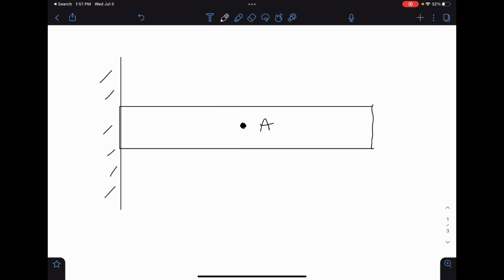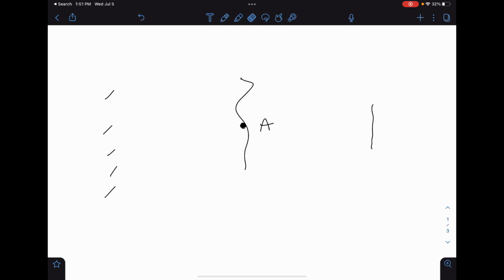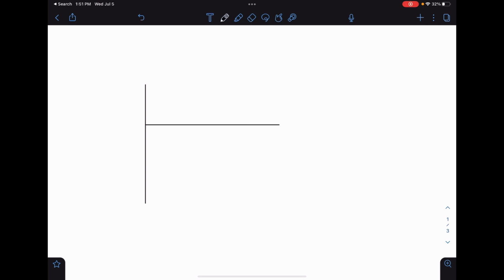And we're going to look at the left side of the cut, so this part of the beam. So let's erase everything. Looking at the left side of the beam, we've made a cut at A.